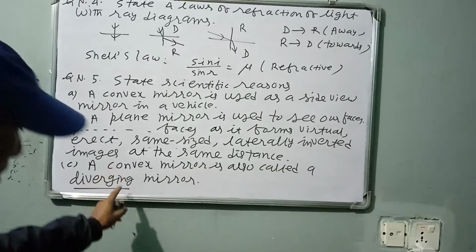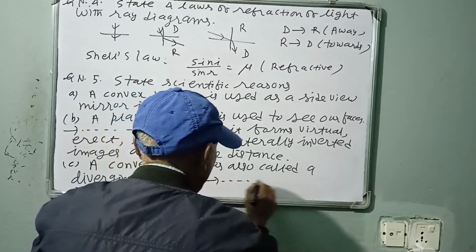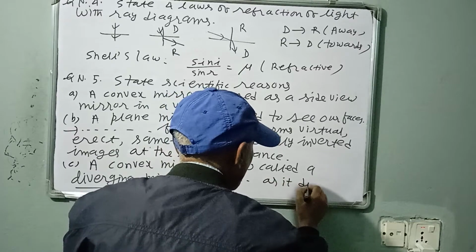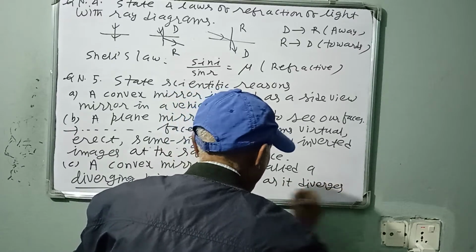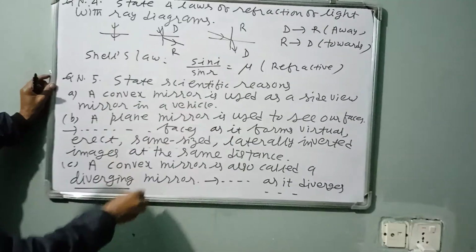Diverging means since it diverges. Answer: as it diverges parallel beam of light. The answer was already written. You have to see what the questions are.